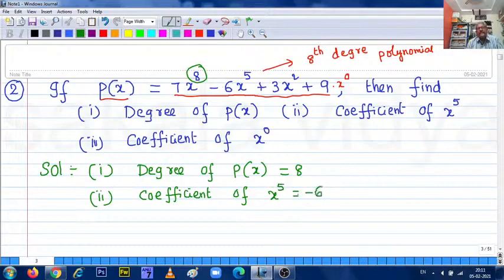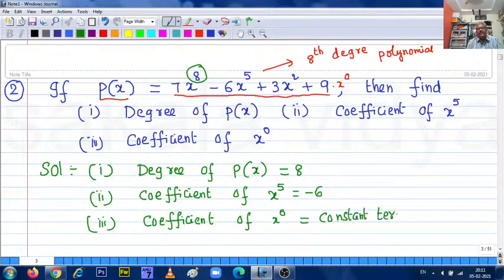So minus 6 is the coefficient of x to the power of 5 here. Next, third one is coefficient of x to the power of 0. This is also called the constant term. What is the constant term here? The 9 is the constant term. So the answer is 9. I think it is clear to you all.